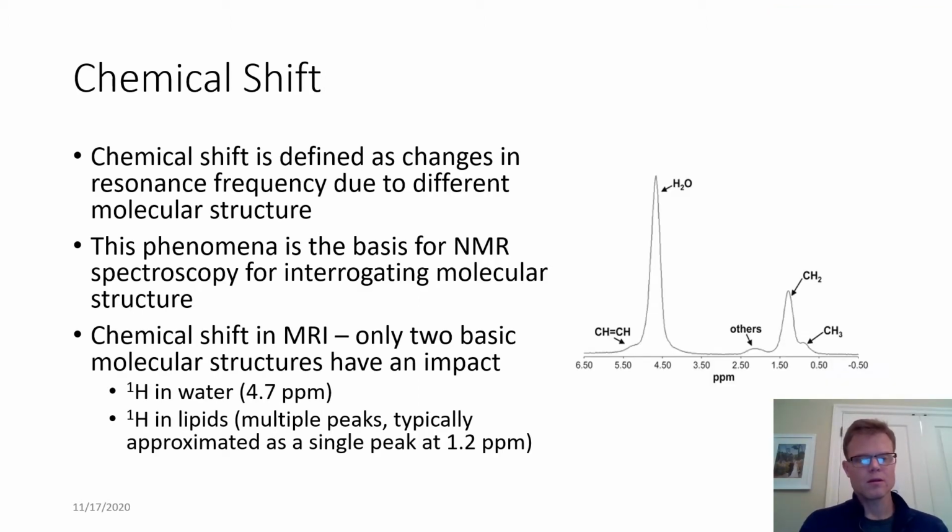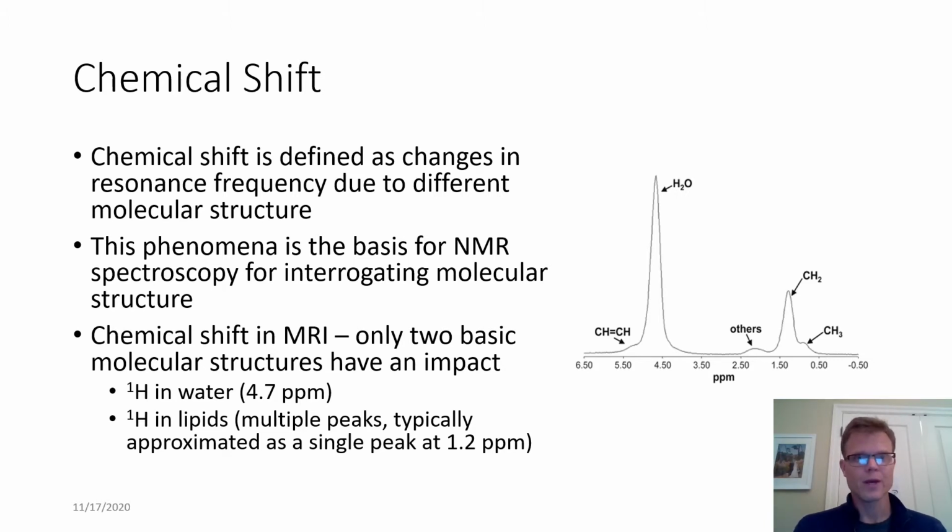Then the other major source of off-resonance is chemical shift. Chemical shift is defined as changes in resonance frequency due to differences in molecular structure, which is the basis of all NMR spectroscopy, a powerful technique for interrogating molecular structure. In MRI, it tends to be either causing artifacts or sort of a feature.